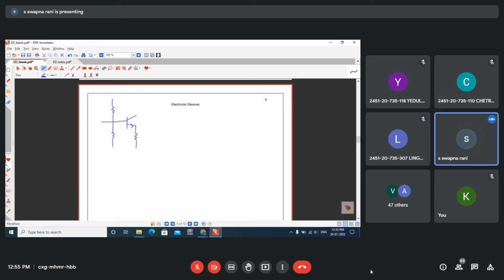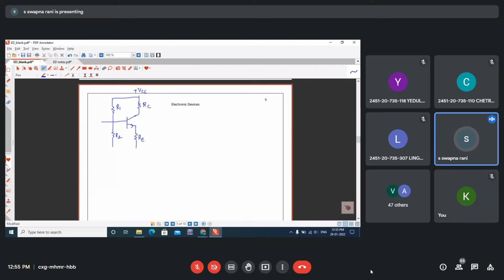Practically, whenever we are using a CE amplifier, it is to be associated with self bias. RC will be there, plus VCC, RE. If you remember, this RE plays the main role in stabilizing the operating point.